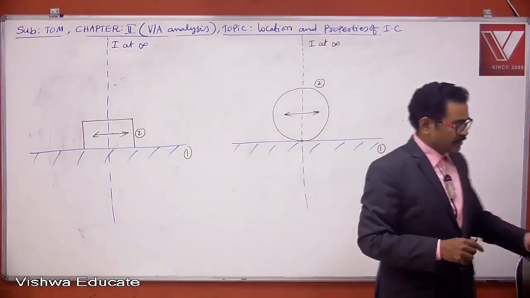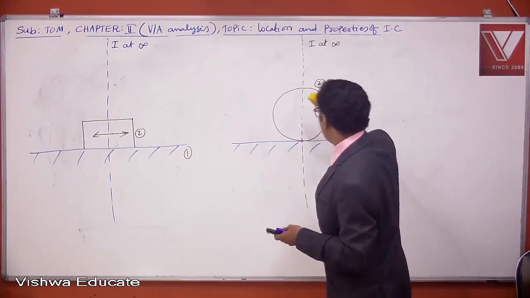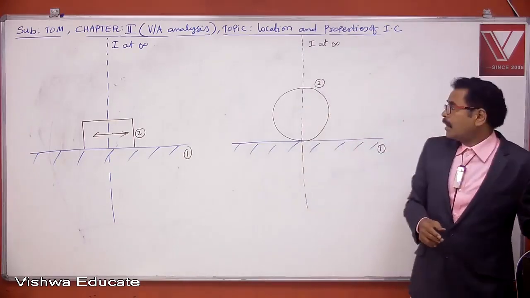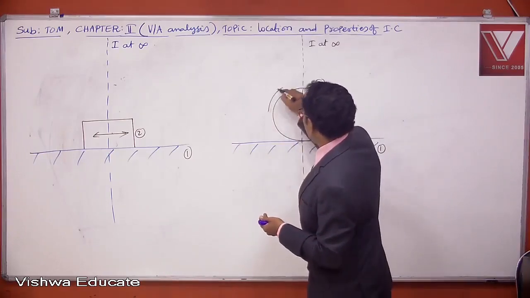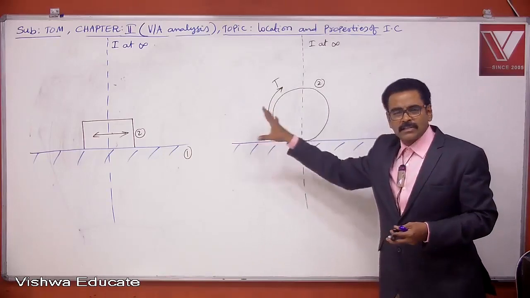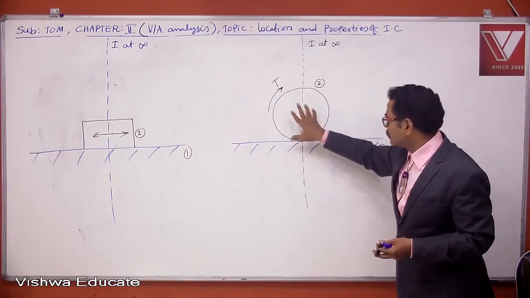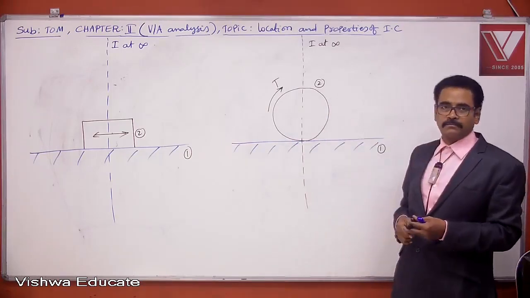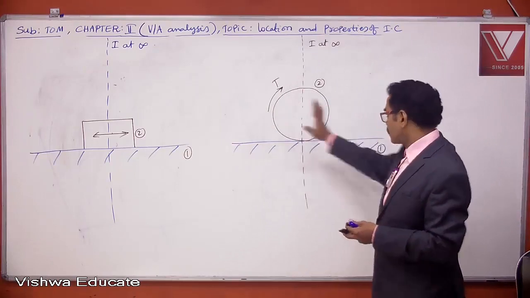I hope you copied. Now next, again a disk is there, and the disk is turning because of torque. The disk is turning about its center because of torque, and this disk is not moving towards the right. It is only turning here.